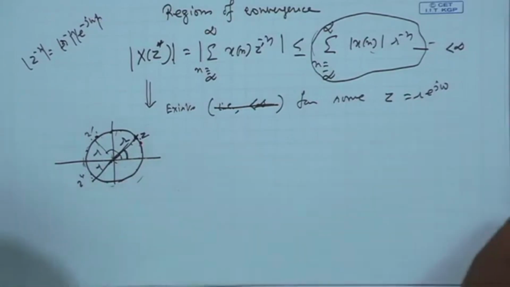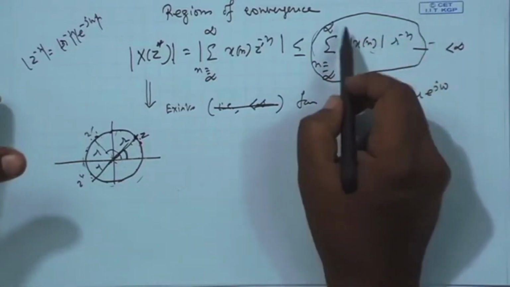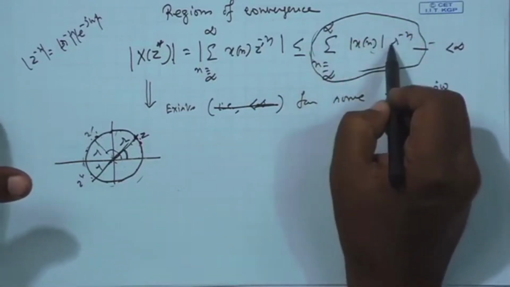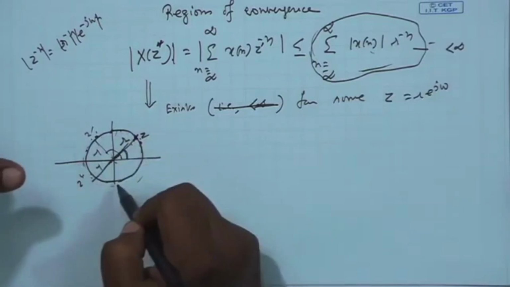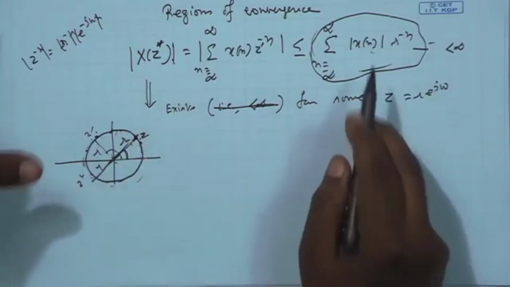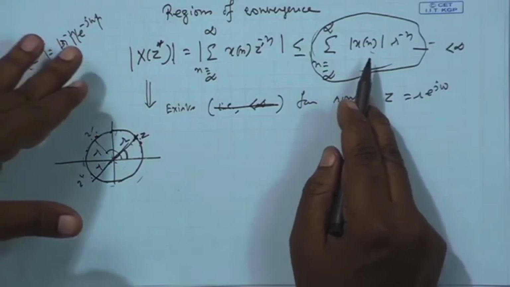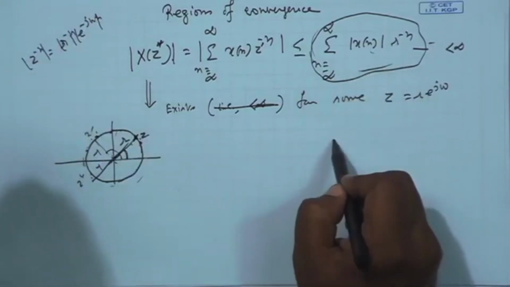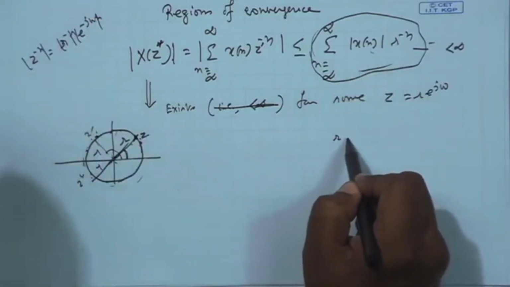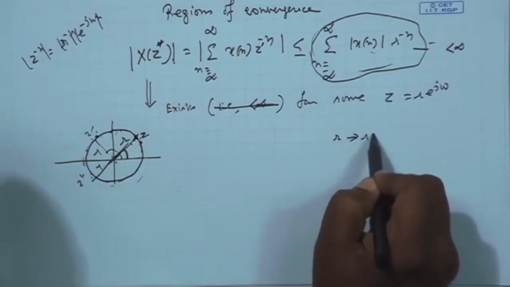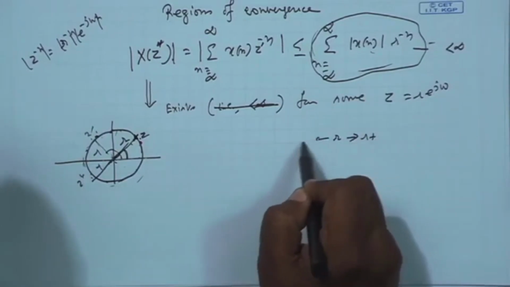But there is a little more than that. If this is finite for some r, the radius of the circle, then it cannot go to infinity immediately if I go from r to the higher side, r plus, or to r minus.